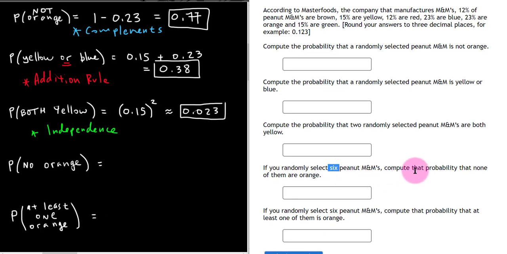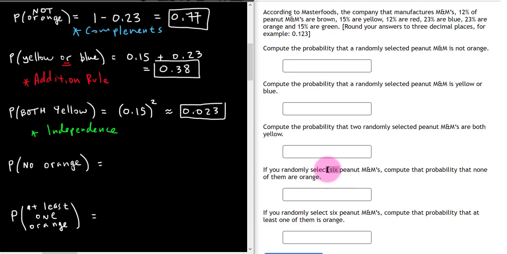Now we've got 6 M&Ms. Now we're talking. Compute the probability that none are orange. Well, we can use some of our previous work here because in part A, we found the probability that the M&M is not orange. We know that that's 0.77, but that's only for one M&M. This needs to apply to 6 M&Ms.